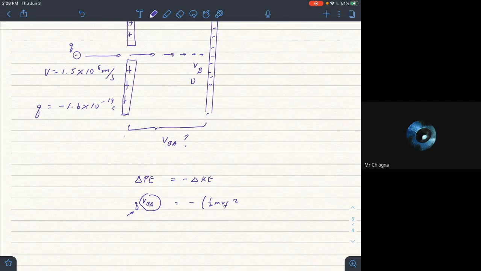I should put B, not A. Can you figure out what that kinetic energy is? It's an electron. Do you have everything you need?